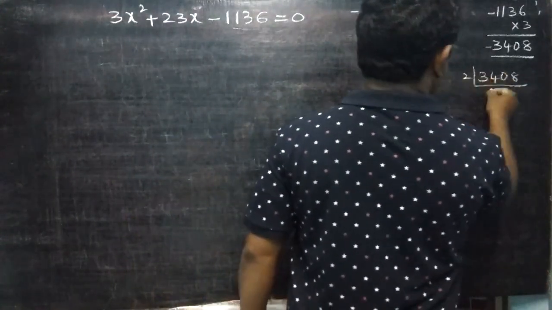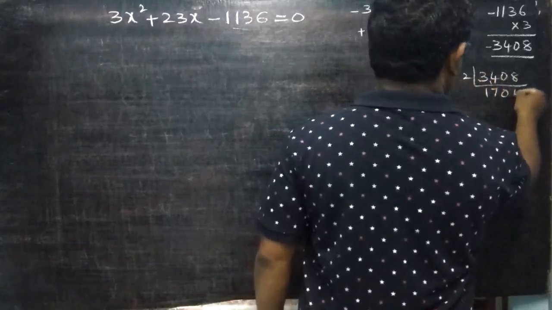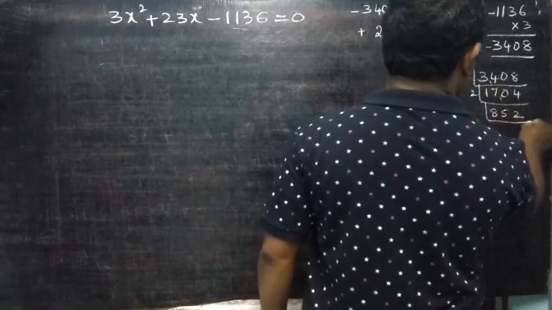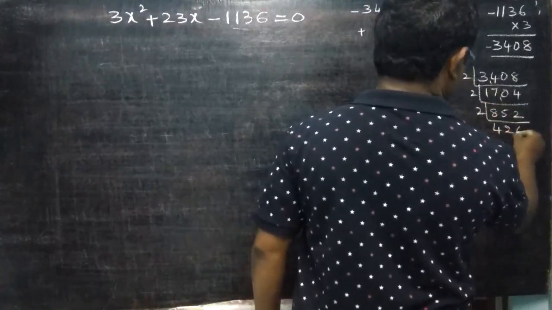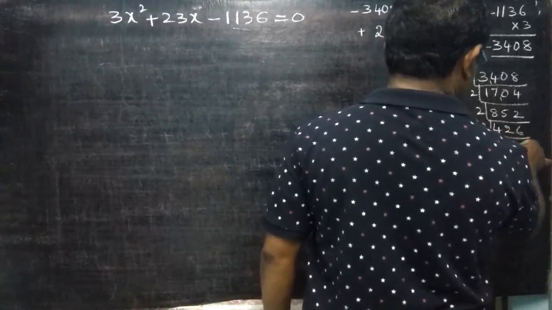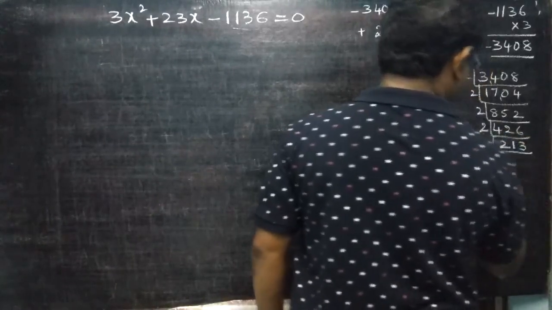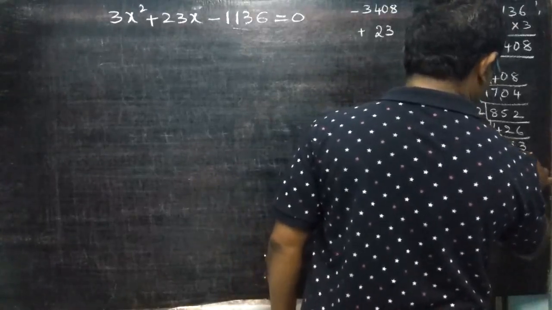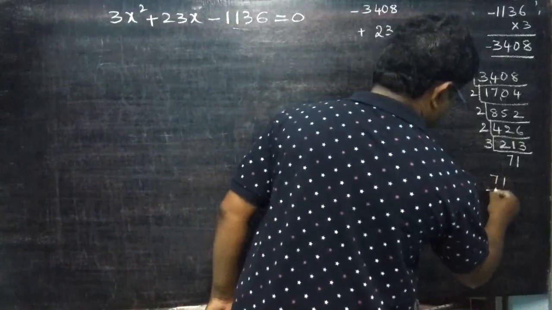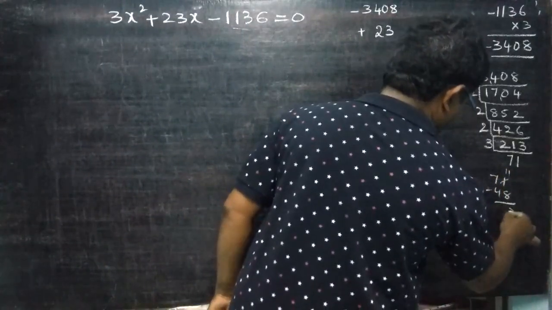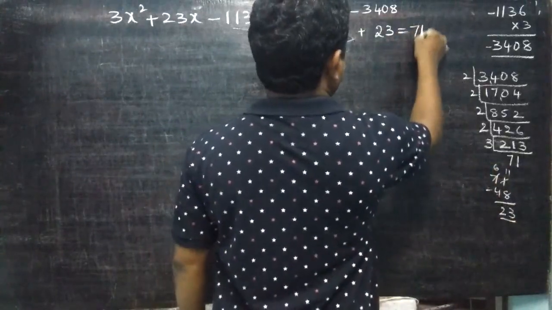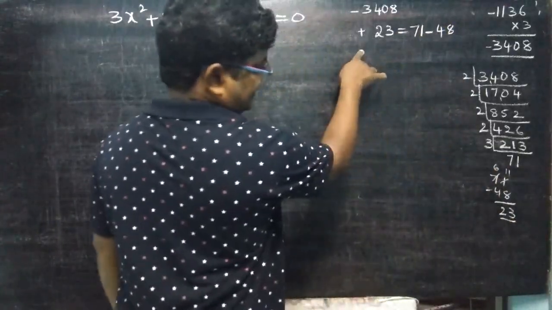Taking the 2 table, then the 3 table: 71 into 48, 71 minus 48 is equal to 23, plus 23.